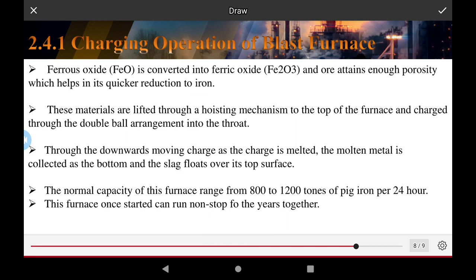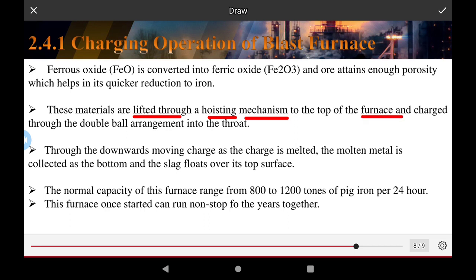These materials are lifted through a hoisting mechanism to the top of the furnace.